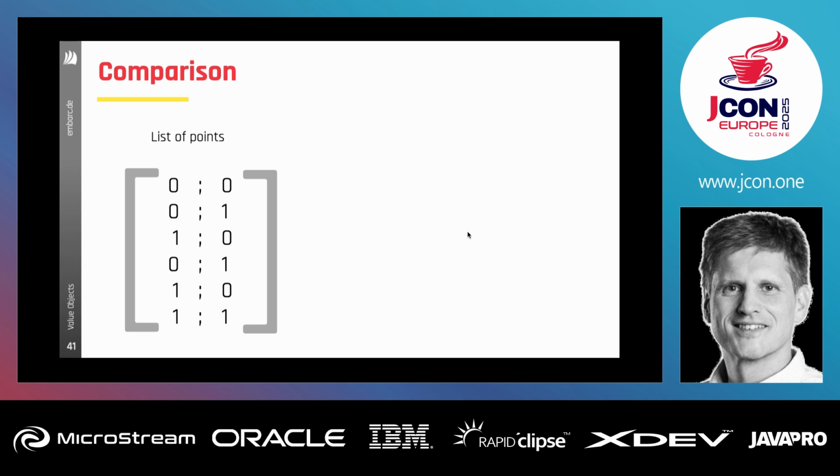So let's compare some different implementations. And I have a list of points. So let's say 10 points, 0, 0, 0, 1, 1, 0, and so on. And there are multiple possible implementations. A very efficient, but maybe difficult to read and to maintain, is just 2 int arrays for the x's and for the y's.